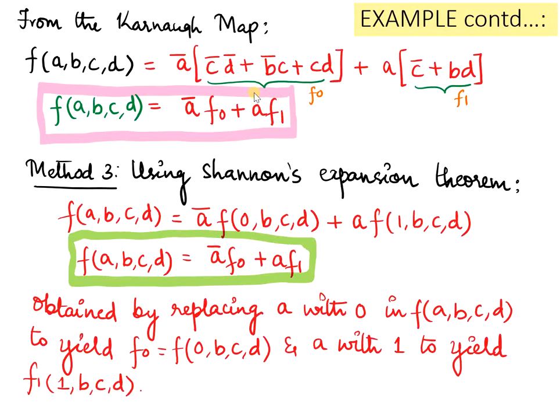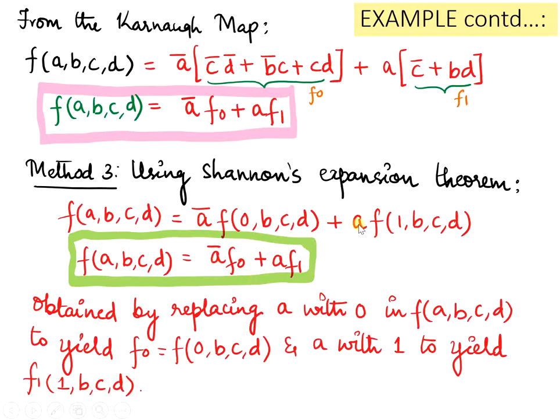Now the last method, that is using Shannon's expansion theorem. Here what we are doing is directly replacing the variable A with logic 0 and with logic 1, and we are bringing A bar as common outside. So here I am writing it as A bar f of, in place of A, 0 is present, because this is represented as a complement.